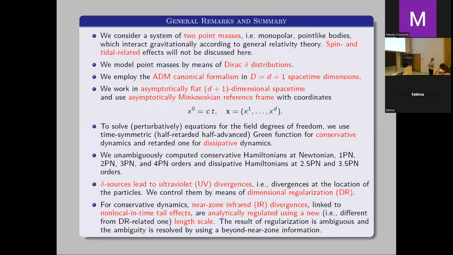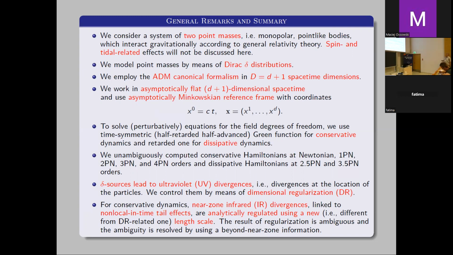Okay, so, general remarks and summary. We consider a system of 2 point masses, that is monopolar point-like bodies which interact gravitationally according to general relativity theory. And as I have already mentioned, spin and tidal related effects I will not discuss here, but the formalism can cover both.